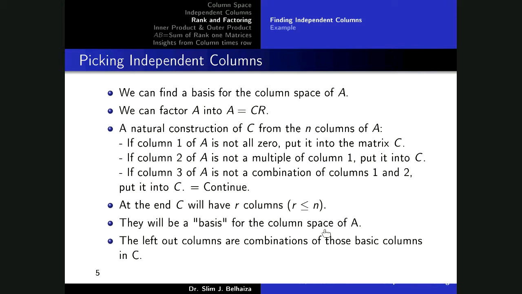Yes, Abdullah. It's the minimum number of columns to generate all columns. Yes, in other words, it's the minimum number of vectors to generate the whole space. The other columns are combinations of those basic columns in C.